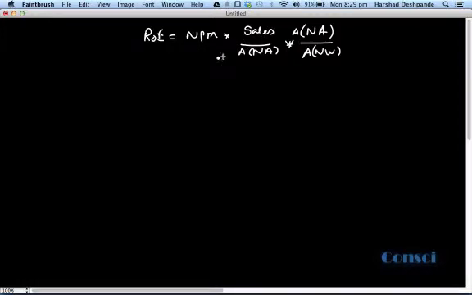Now sales upon net assets. First of all, let us understand what net assets are. Net assets are typically total assets minus current liabilities. That is what is referred to as net assets. Now what is the interpretation of this ratio? This ratio is called the turnover ratio.